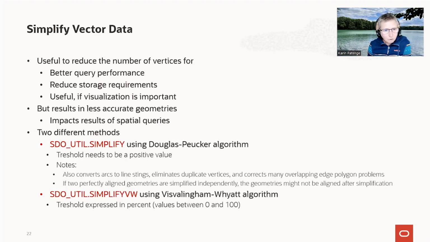To gain a better performance, if you are focusing on faster visualizations, there is the option to reduce the number of vertices in a geometry. This results typically in less accurate geometries, but especially if you look at business intelligence applications where you want to aggregate data and visualize data, this is not that much of a problem.